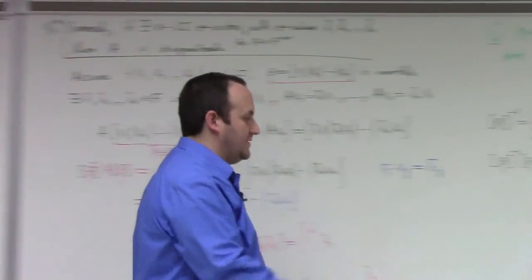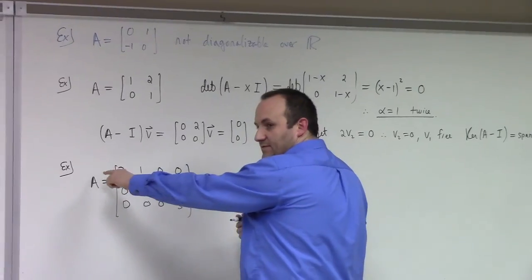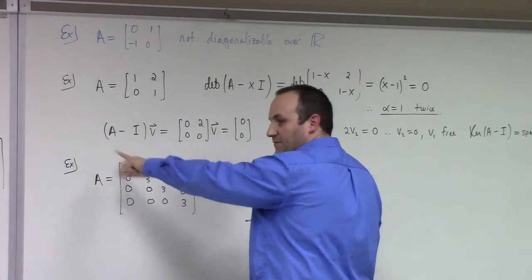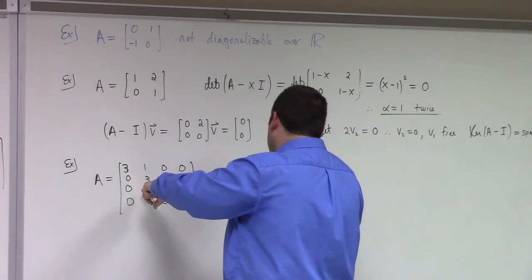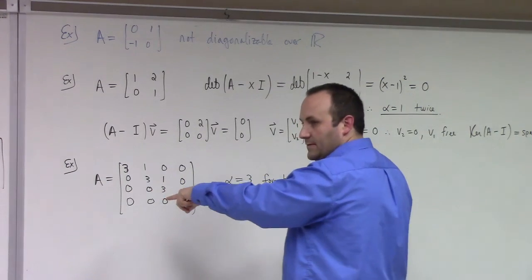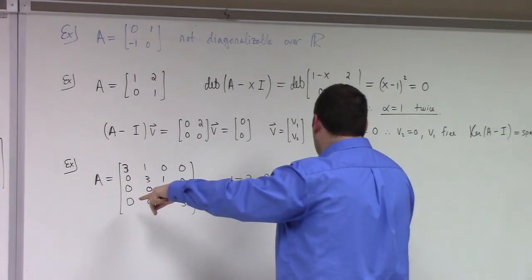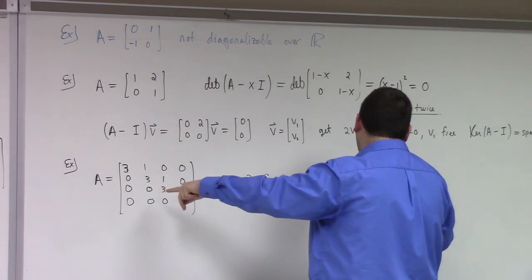I'll just tell you, I won't calculate it. By the way, the eigenvalues of a triangular matrix you can read from the triangle. So this has just alpha equals 3, 4 times. And in fact, I can tell from just looking at this matrix that there only exist 2 linearly independent eigenvectors.